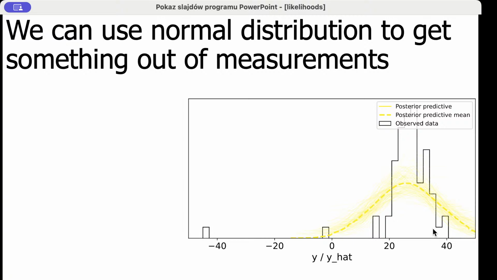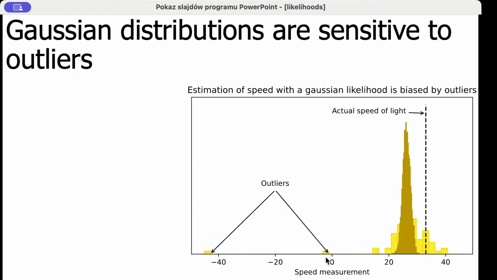We can see that the mean of the posterior predictive distribution is like this. They are concentrated here. What is perhaps important is that the observed data is not being included in that model.